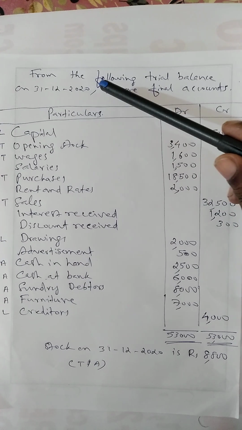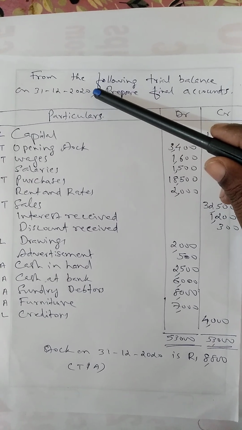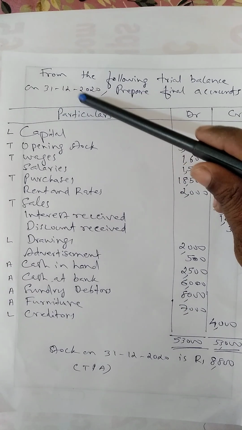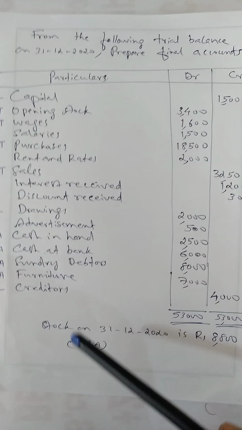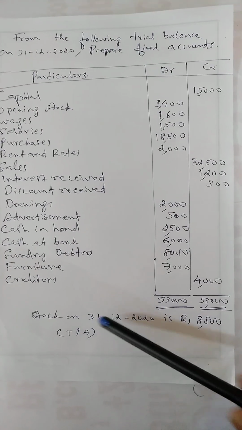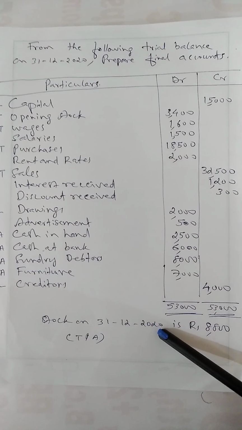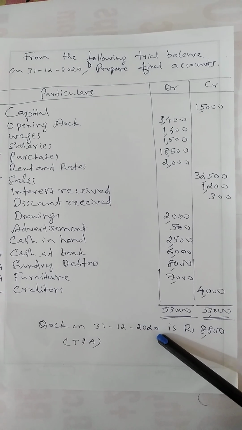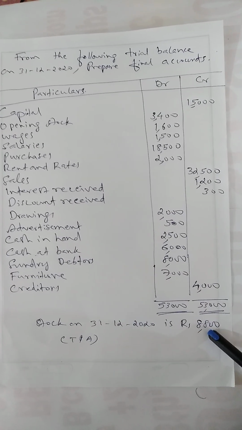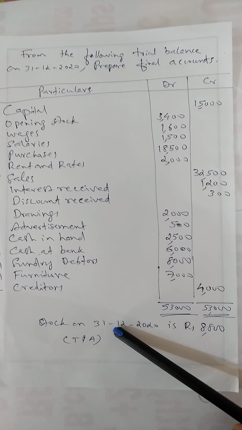Trial balance is also prepared at the end of the accounting year. So the accounting year end date is 31st December 2020, and the stock is also given on the same date. So stock on the end date or the last date of the accounting year is called closing stock. So this 8,800 is actually closing stock.